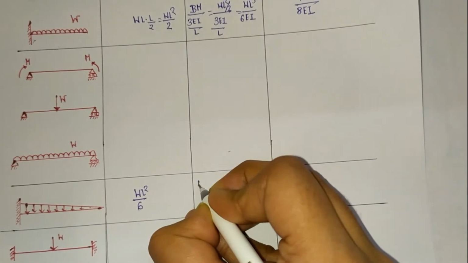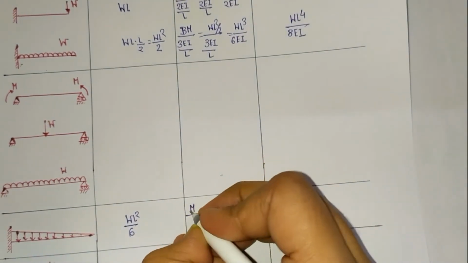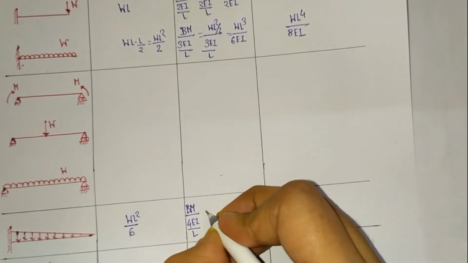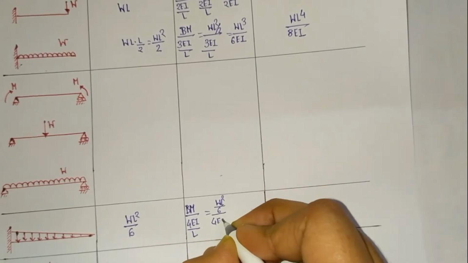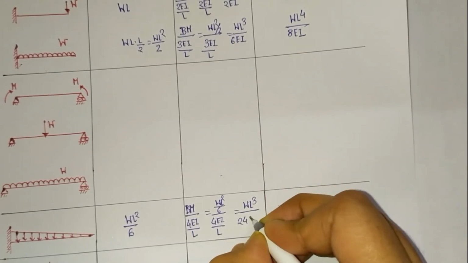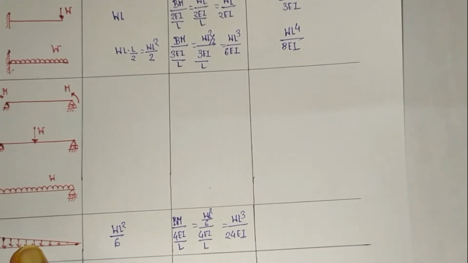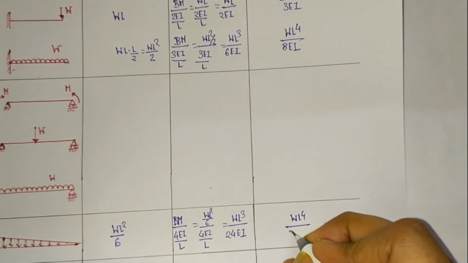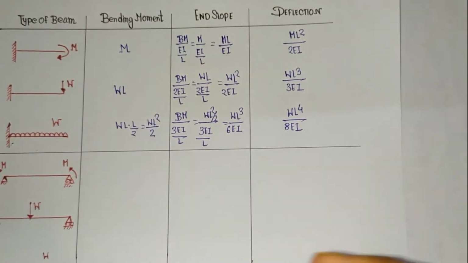In the same way, up to this we have written 3 EI by L, so we have to write bending moment by 4 EI by L. Here bending moment is W L square by 6 and 4 EI by L, so it comes as W L cube by 24 EI. And the value for deflection in this condition is W L to the power 4 by 30 EI. So it is clear for the cantilever type of beam.